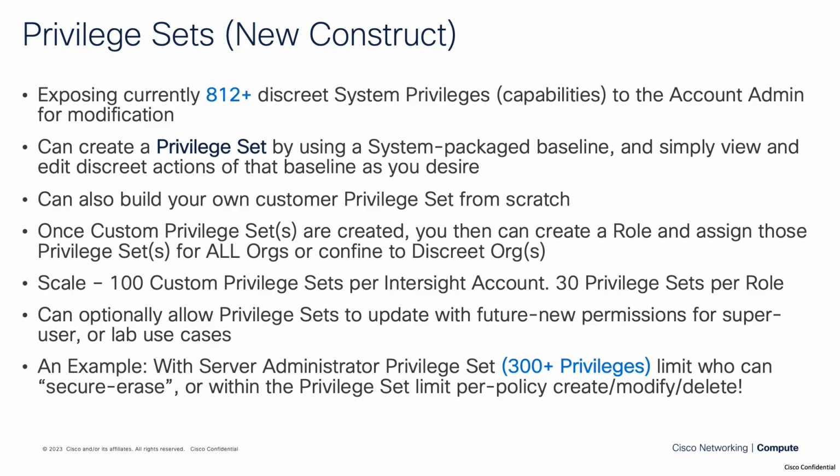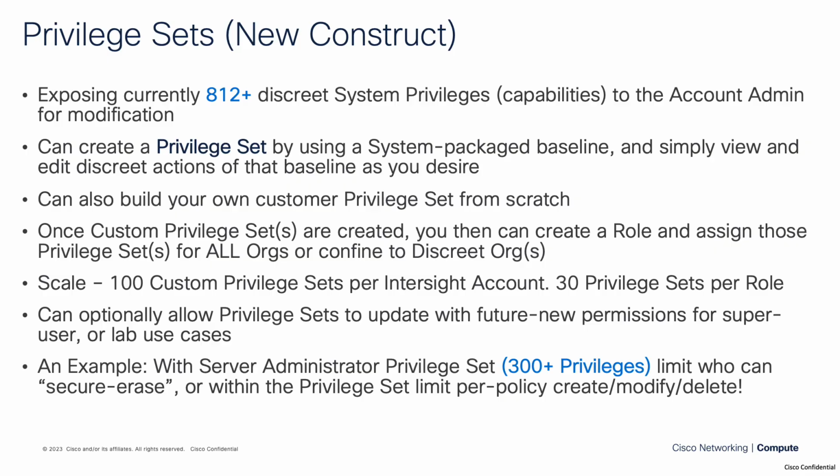Case in point, server administrator. You can start with a server administrator, as a filtered down subset of that 812, and just modify the server administrator privileges. And of course, as I said, you can start from scratch if you wish and see everything. That might be a good exercise just to see everything in the system.